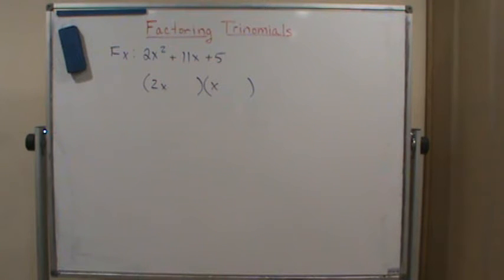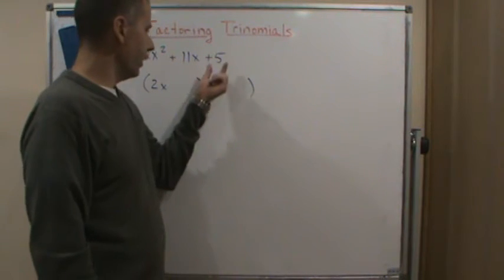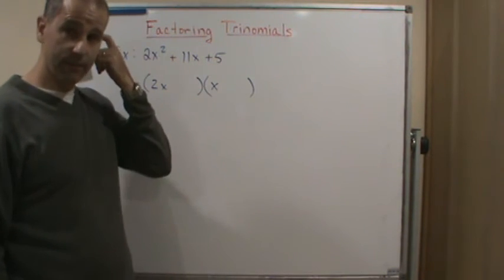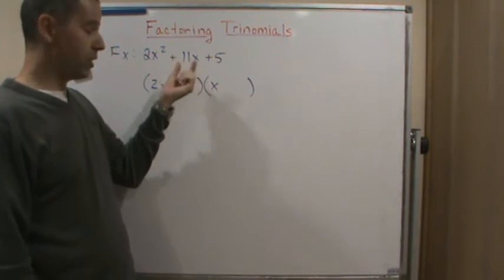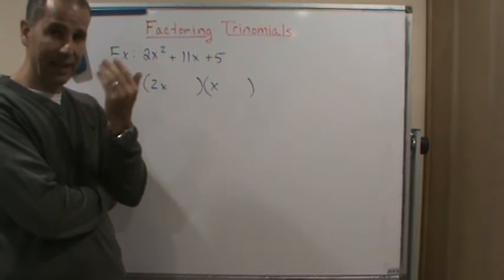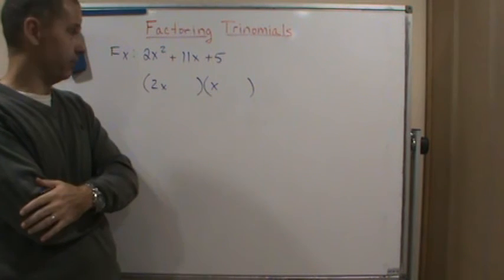Now, also, because the sum of the outer and inner products is positive 11, the integers are positive. So again, this is positive, which means the factors are either positive or negative, but since the middle term adds up to positive 11, they both have to be positive.